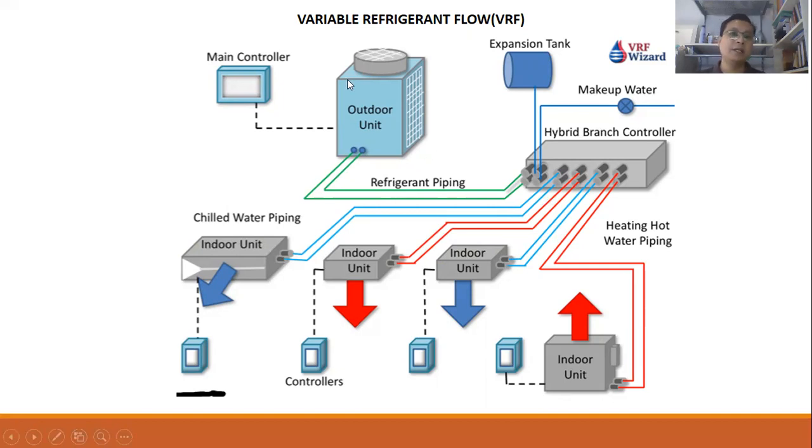One unit can supply several rooms or packages, and from room to room we can set different conditions, temperature and also humidity.